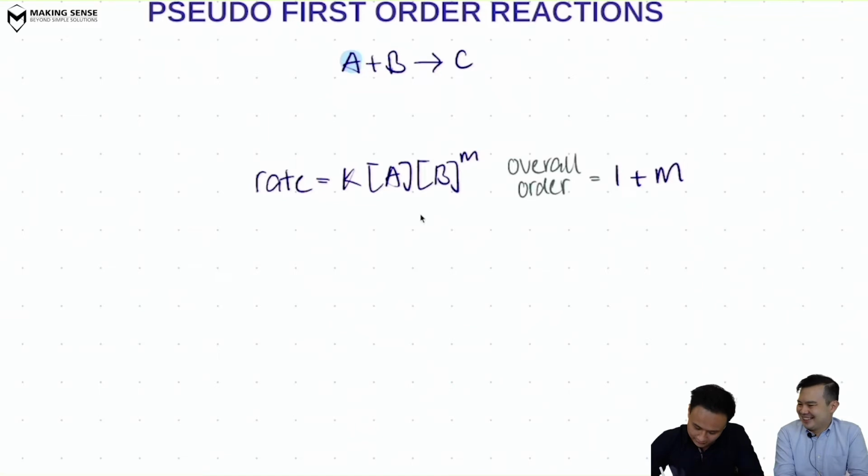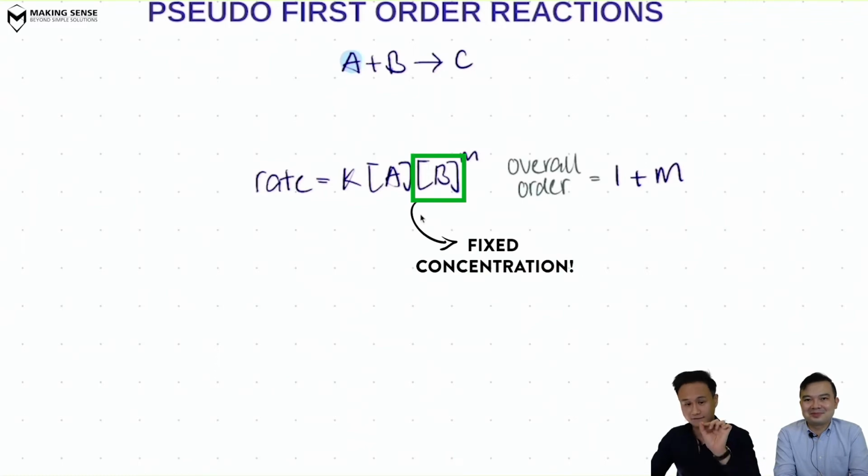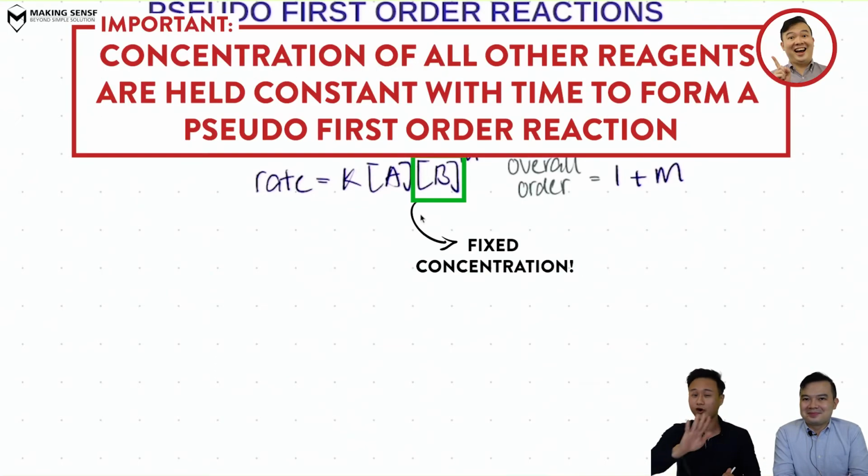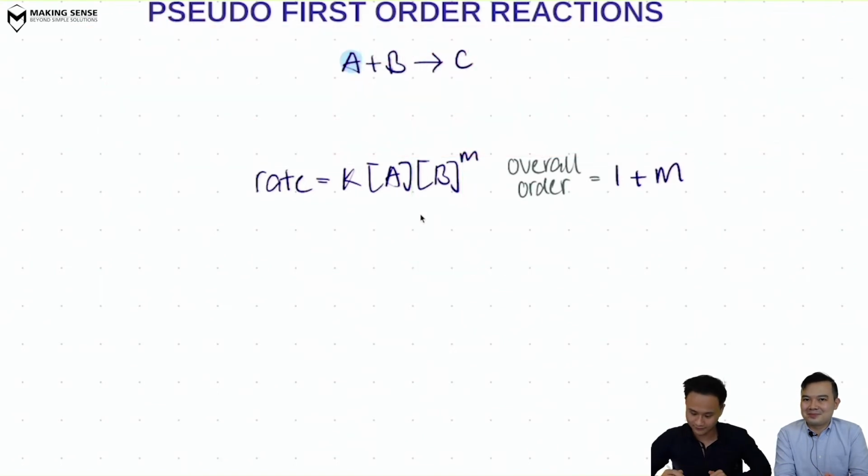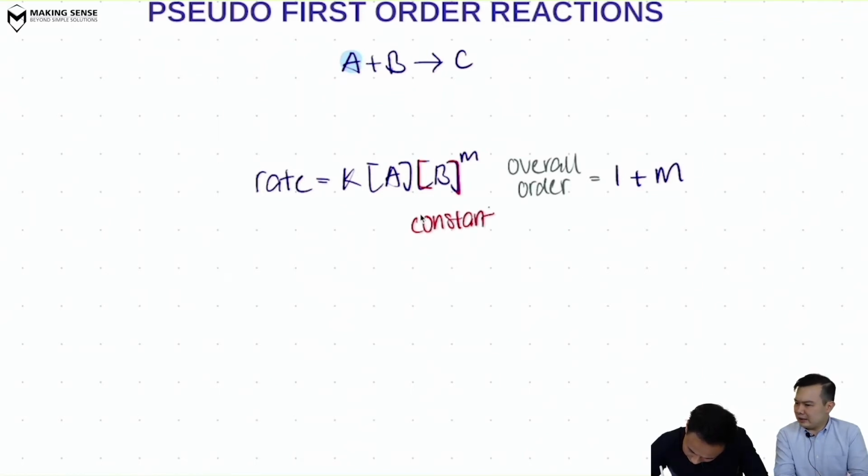Then we need to make sure that the concentration of all the other reagents must be held fixed. So let me repeat that. If you want to find a half-life for A, you better make sure the concentrations of all the other reagents are kept constant with time, okay? And how do I do that, Mr. Leong? Hopefully, I pray that B is actually a catalyst. But in this case, it doesn't look like a catalyst, right? No. It looks like a reactant.